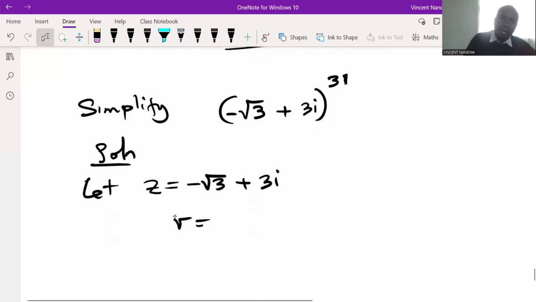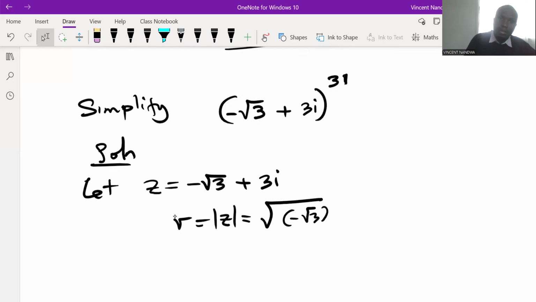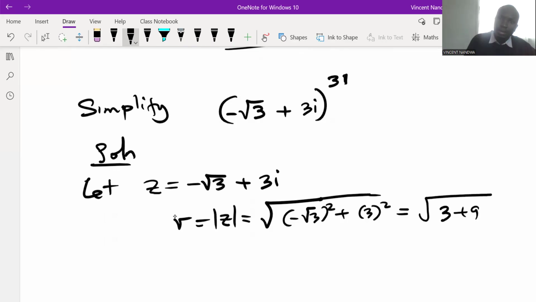Then r would be modulus of this number, which is square root of minus root 3 squared plus 3 squared. And when you work out this, this will be square root of 3 plus 9, which is square root of 12, which is 2 root 3.